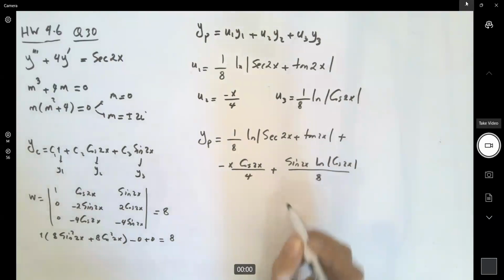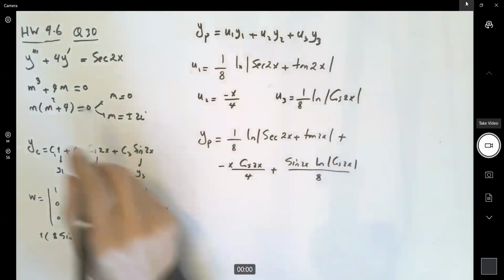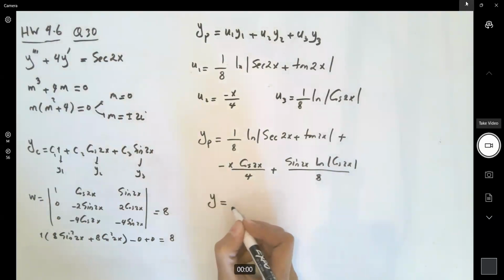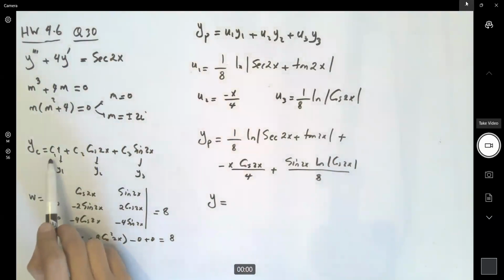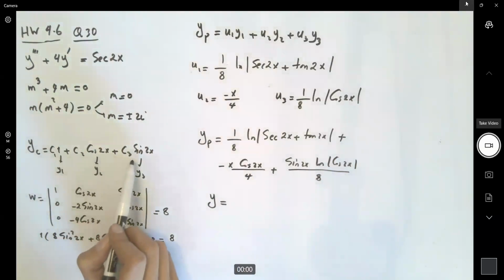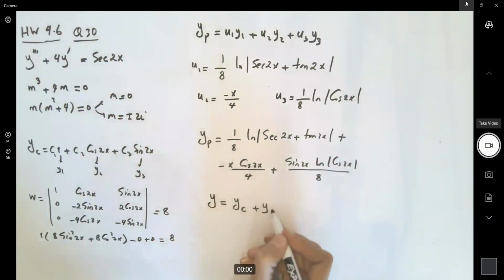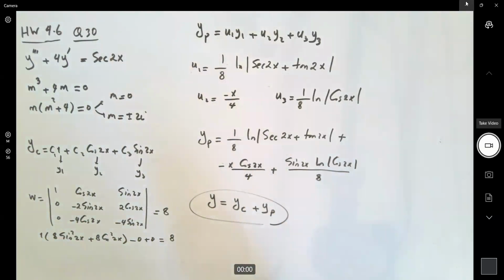This is y sub p, or the particular solution. Then the question says to solve this. The general solution is y sub c, c1 plus c2 cosine 2x plus c3 sine 2x, plus yp. So we have to copy down everything that we have here.